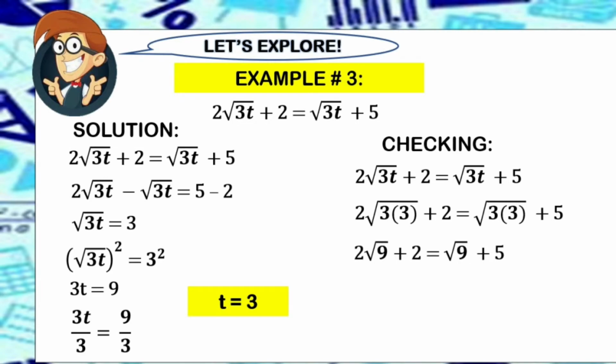Then we simplify the radical on both sides of the equation and get its square roots. This results in 2 plus 3 is equal to 3 plus 5. Solving both sides of the equation, we have 8 is equal to 8. Since the left side and the right side of the equation are equal, therefore, we have a correct solution.